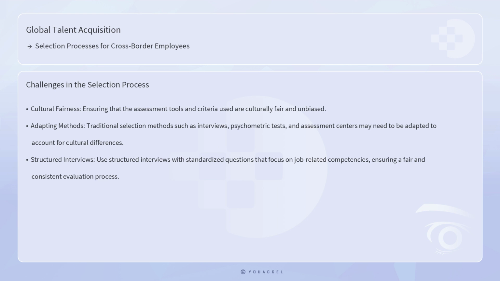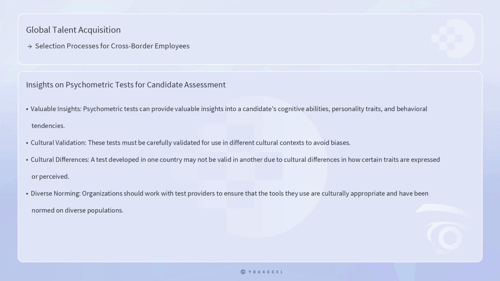To address this, organizations can use structured interviews with standardized questions that focus on job-related competencies, ensuring a fair and consistent evaluation process.